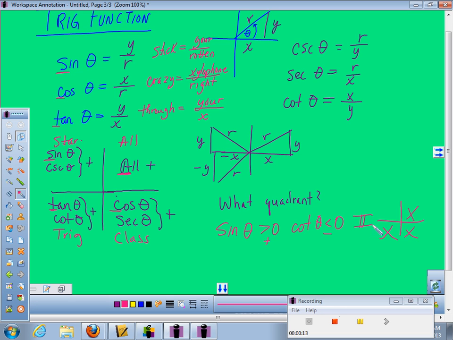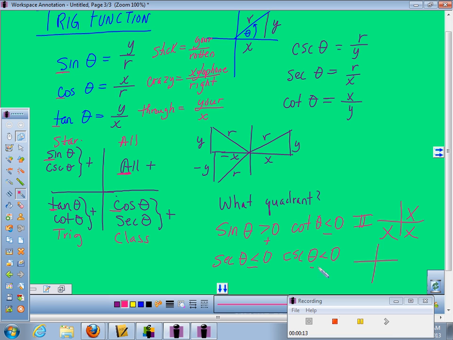Okay, what if I said to you, tricky one? What if I ask you, where is secant less than 0 and cosecant less than 0? Since I said less than 0, I want to know in what quadrant are they both negative?